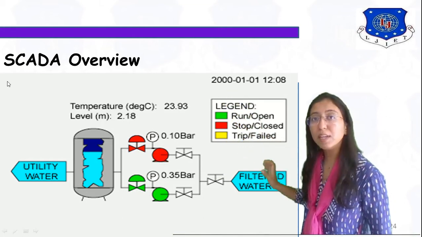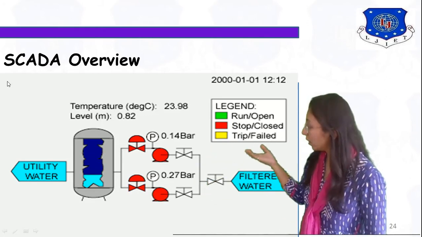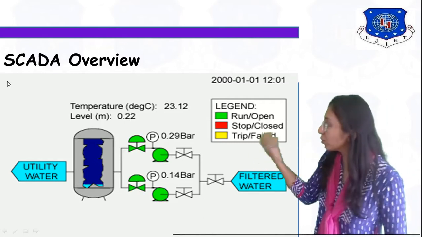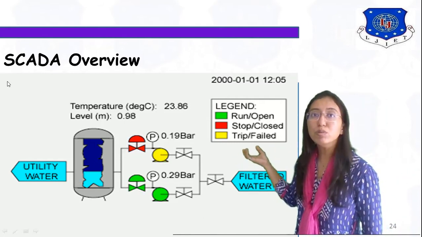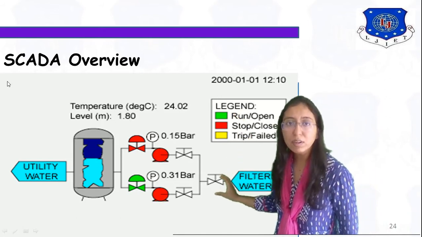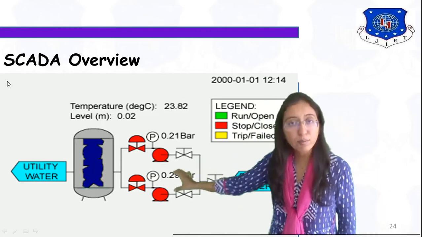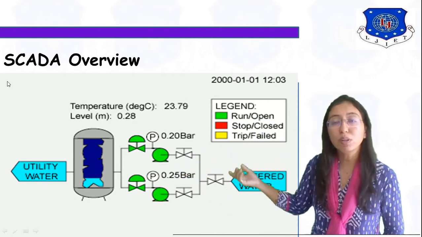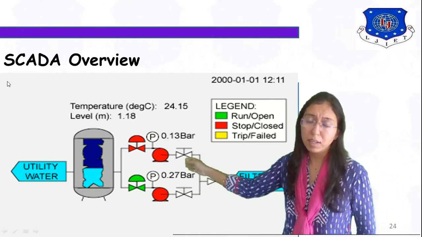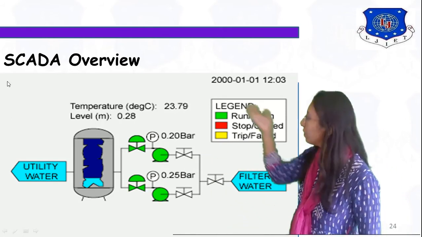We can see this through the SCADA system. This process is running in the plant and we can visualize it through SCADA. Then the water comes outside, and this is the utility water. We can use utility water in commercial or domestic areas. So this is the whole process.